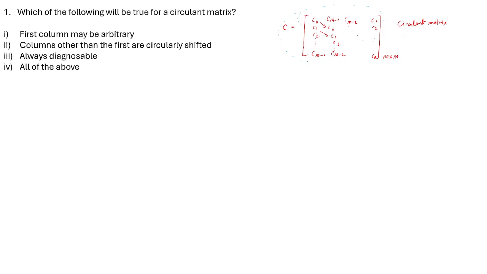So let us see these conditions one by one. The first statement is that the first column may be arbitrary. If you see the first column, we do not impose any particular structure on the elements C0 to Cm minus 1. They can be anything.